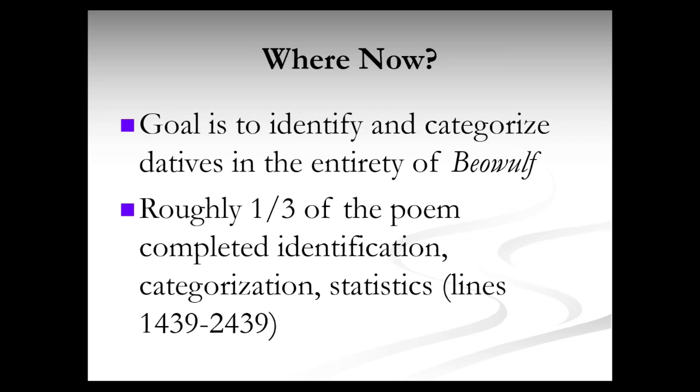And my goal is to go on and finish the rest of it, and then whether that's something that I can proceed on and use to do any further studying of the grammar, or whether it's a resource that other scholars would like to use, I would like to make it available, and people can use that and apply that to the study of the poem.